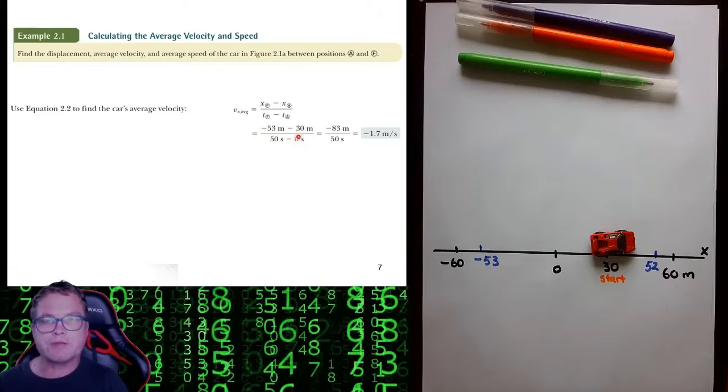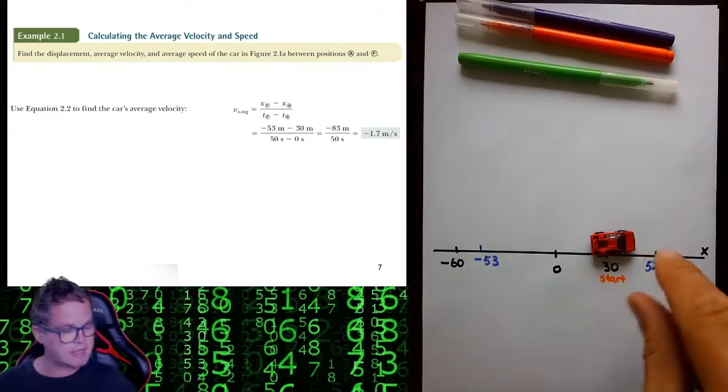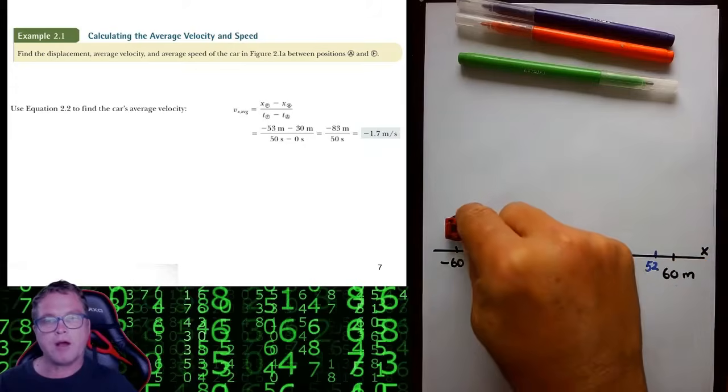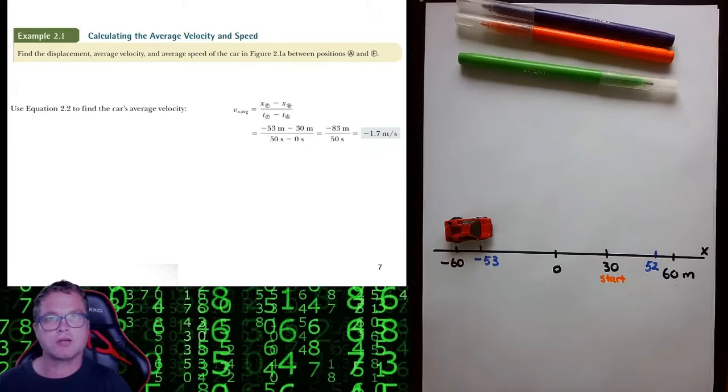We have minus 53 minus 30 gives minus 83 meters. The time that elapsed during the experiment was 50 seconds. So this gives us a velocity of negative 1.7 meters per second. The negative is significant because it means that the car ended up on the left of its starting position. It ended up on the minus side relative to its starting position. So that's the meaning of the negative sign.